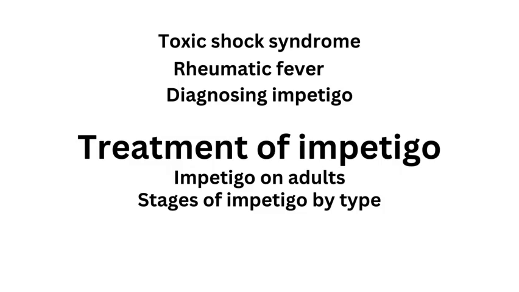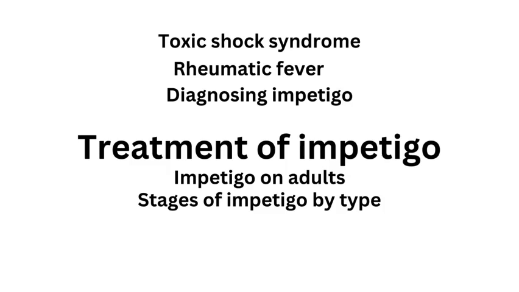Impetigo on adults. Although impetigo is more common in young children, adults can get it too. Because it's so contagious, impetigo can spread through any close contact. Adults who play sports often catch it from skin-to-skin contact. The symptoms of impetigo in adults are sores around the nose and mouth or other exposed areas of the body. These sores break open, ooze, and then crust.